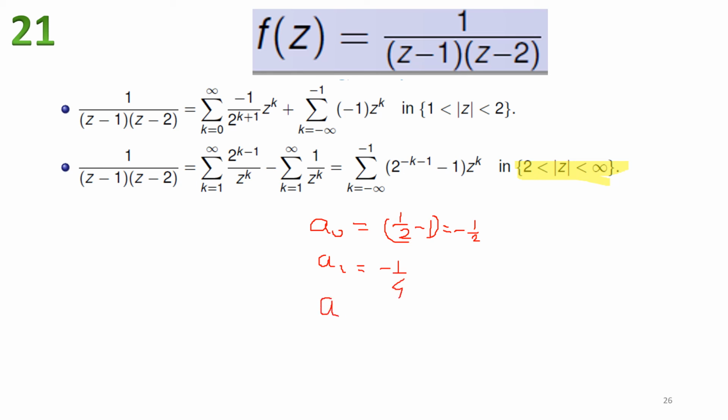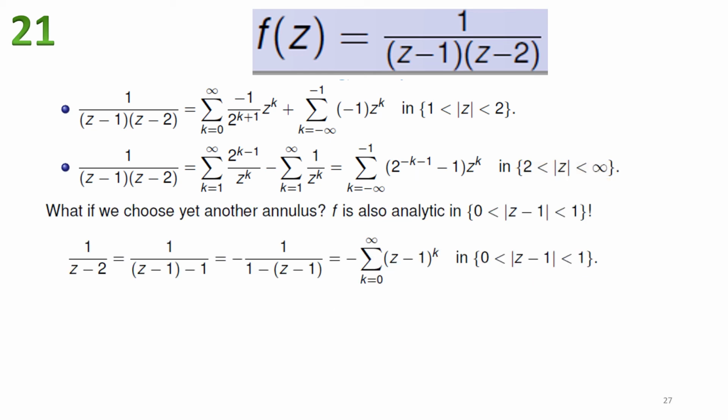Then a2 will be minus 1 by 8, and so on and so forth. Now let us talk about the negative coefficients. A minus 1 will be minus 1. A minus 2, if you plug in k equal to minus 2, the coefficient will be minus 1, and so on.